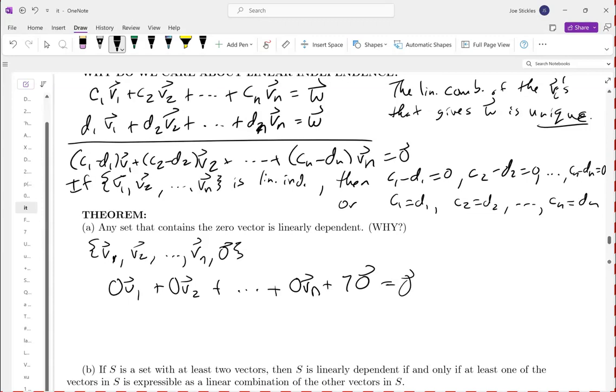I just randomly picked 7. It doesn't matter what this constant is, correct? So I found a linear combination that gives me the zero vector where not all of the constants are zeros, right? So that means it's not linearly independent, so that's why it's linearly dependent. Since this constant is not zero, that tells me my set is linearly dependent.